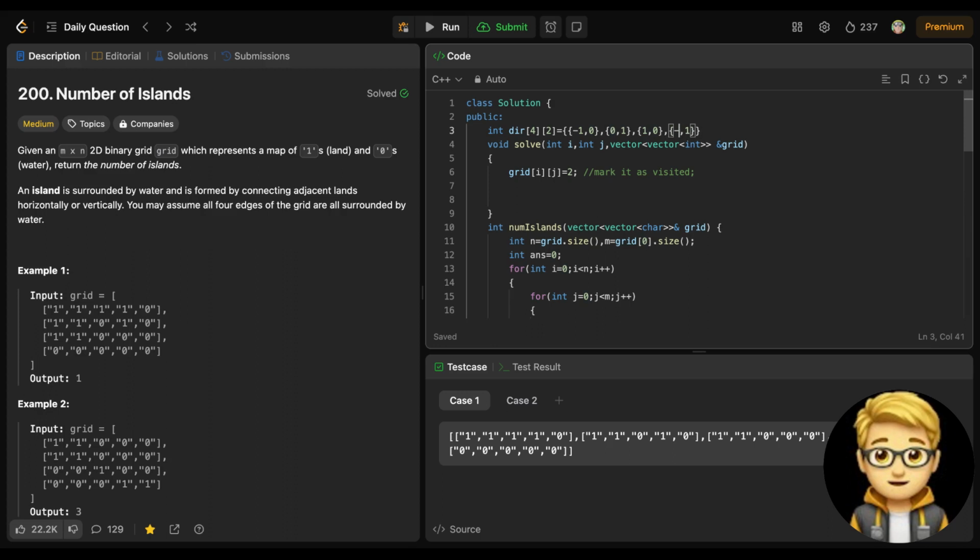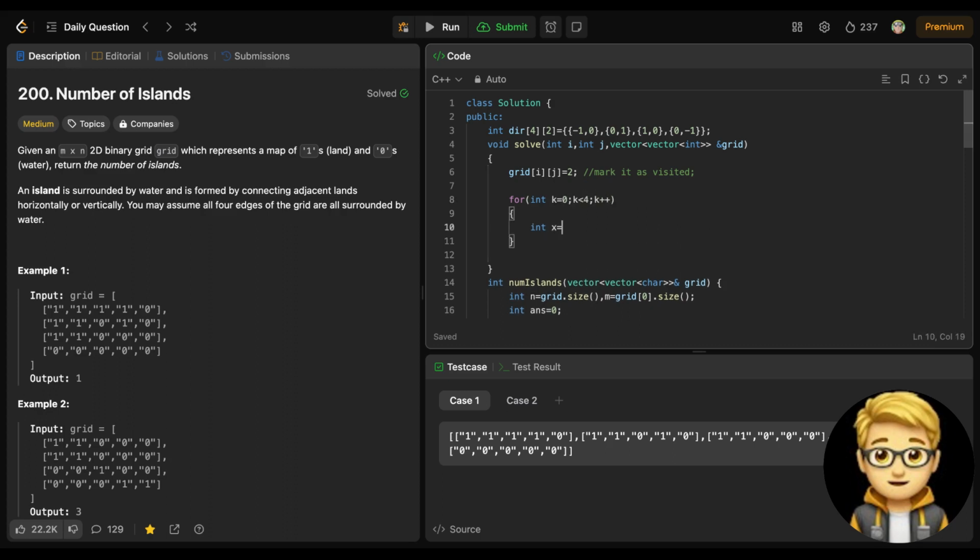So this will be 0 comma minus 1, minus 1 0, 0 1, and 1 0. Now I will move in all four directions and make a new coordinate x, which is i plus direction k 0, and also a new y, which is j plus direction k 1.